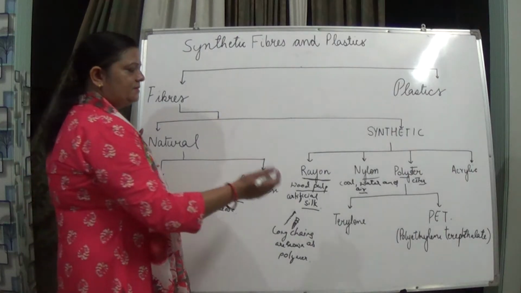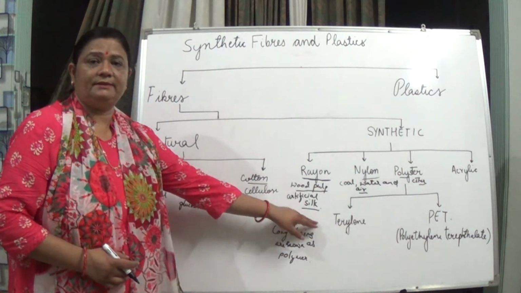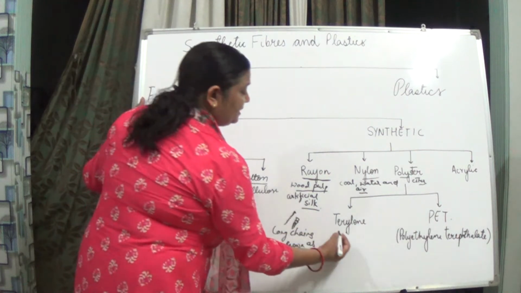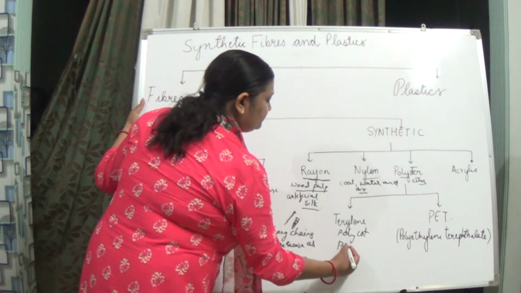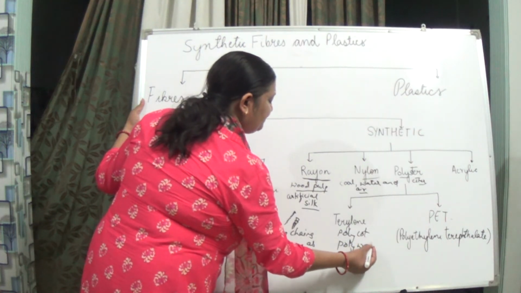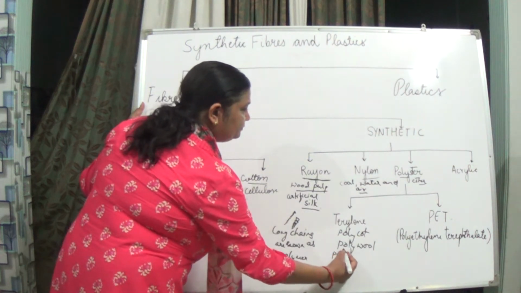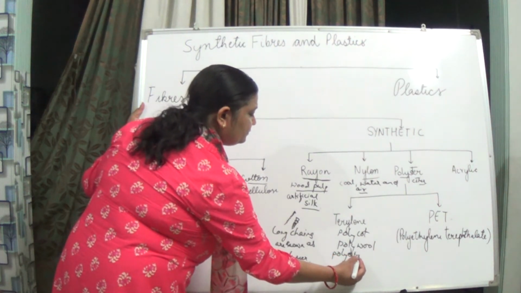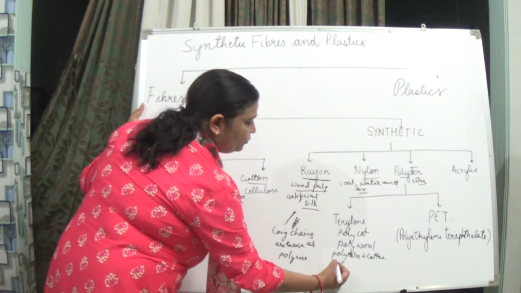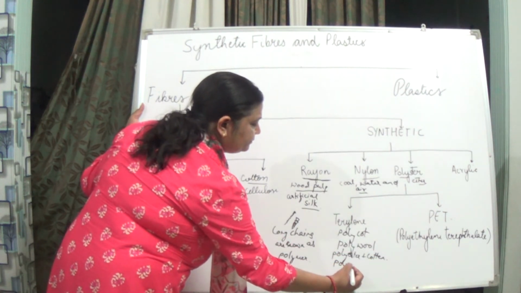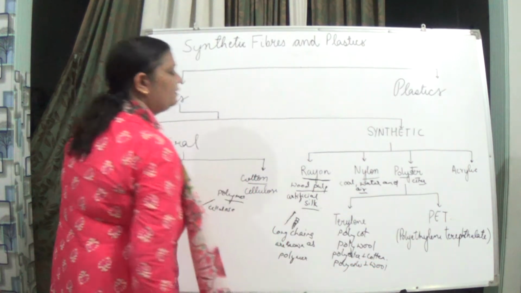Now, this polyester consists of terylene and PET. Terylene we can also say as polycot and polywool. When we say polycot, it consists of polyester plus cotton, and when we say polywool, it is polyester plus wool.